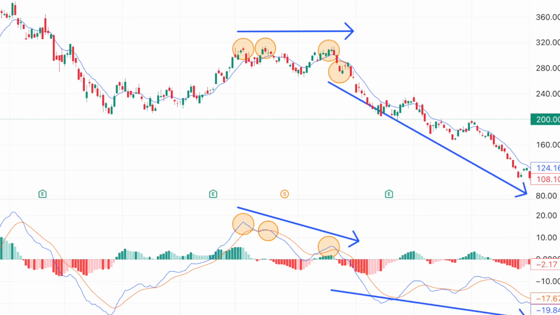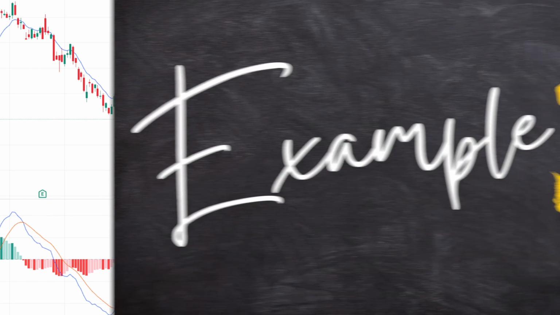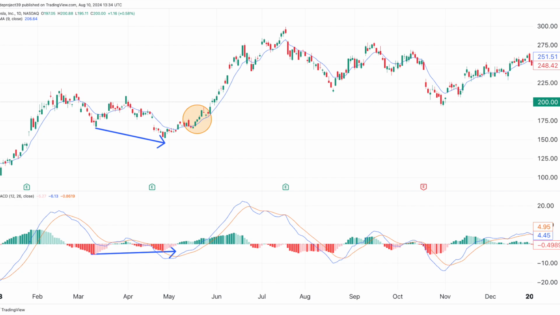And looking at the other points of confirmation, we see the big breakout that has happened. Let's look at a few more examples just to confirm our understanding. So this is another case where the price made a lower low. However, the indicator did not follow, and then you can see as soon as we saw that breakout from the point of reversal, it gave us a big bullish breakout.